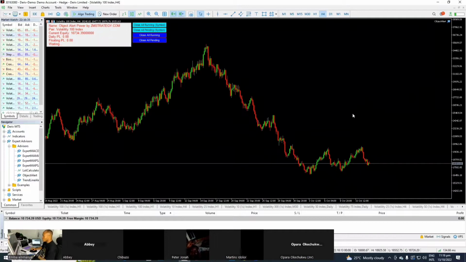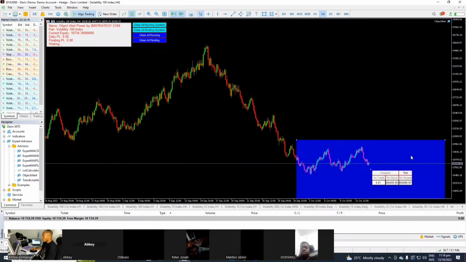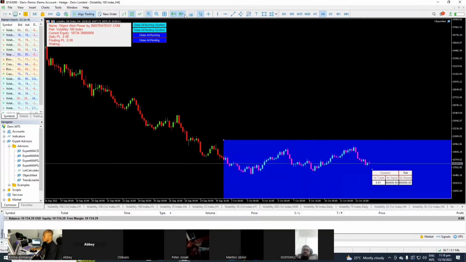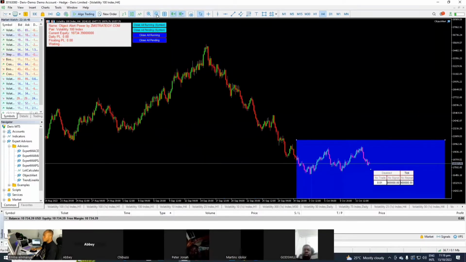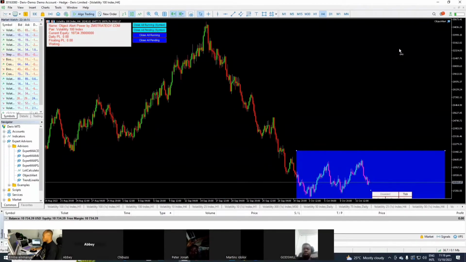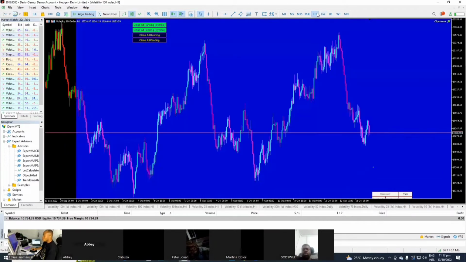So if by chance we want to analyze this market, let's use this current spot where the market is. You can see that it was this low that broke this high before creating a new low that broke this high.